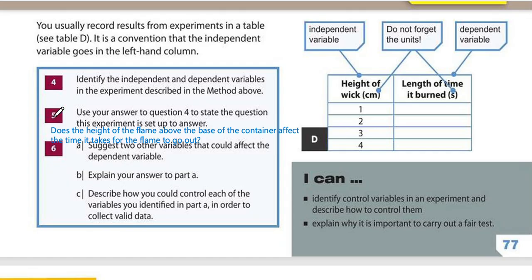Right. In question 6, they are asking in part A, suggest 2 other variables that could affect the dependent variable. Now what is the dependent variable here? Length of time it burned, right? 2 other variables that could have an effect on the dependent variable.